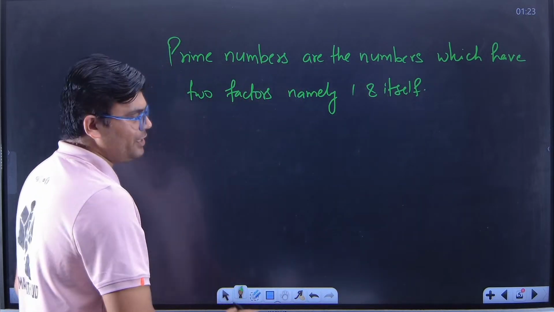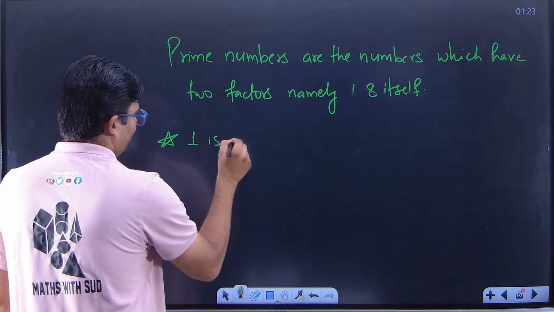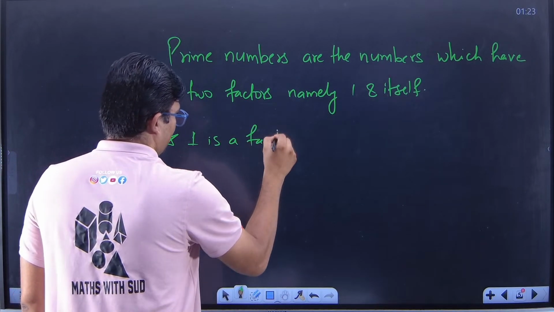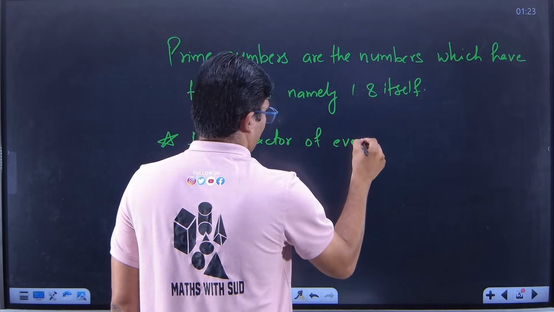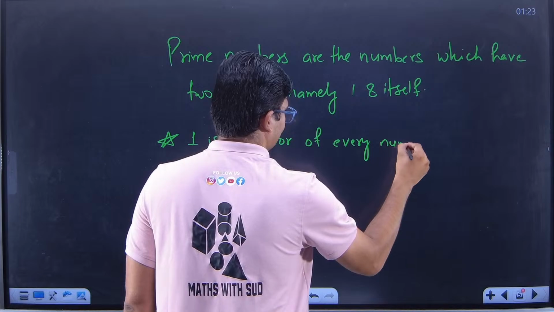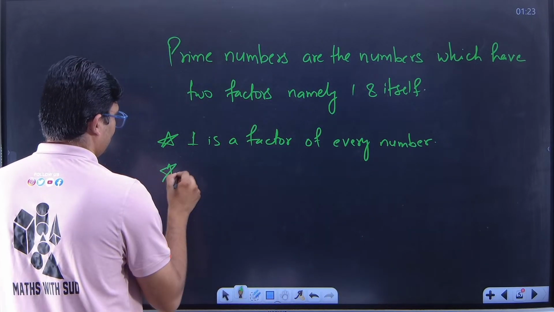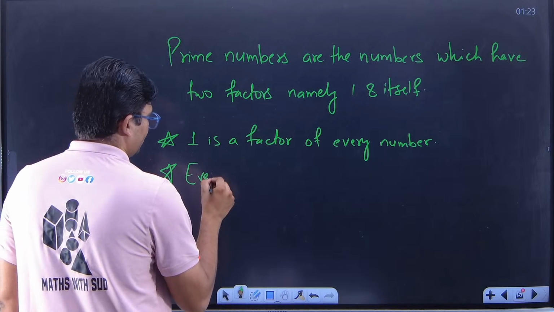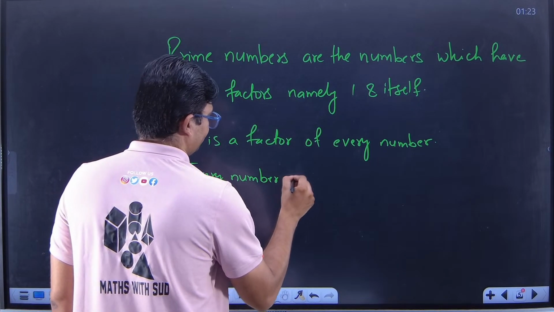You know, in mathematics we can say 1 is a factor of every number. We can also say every number is a factor of itself.